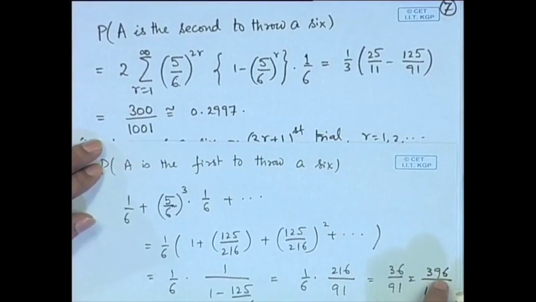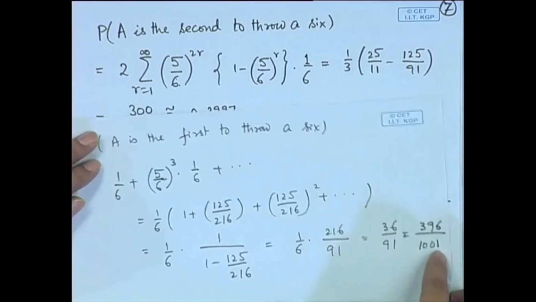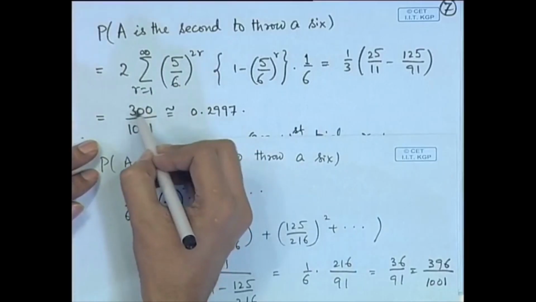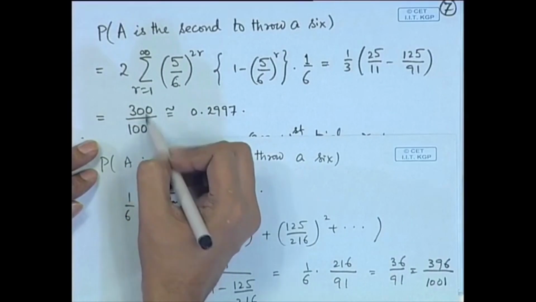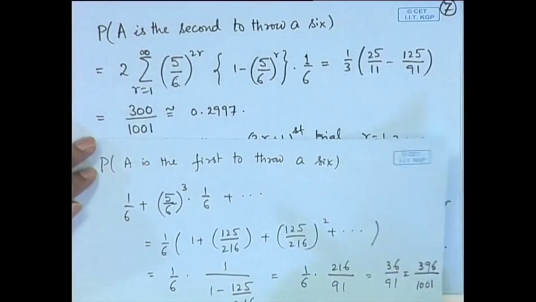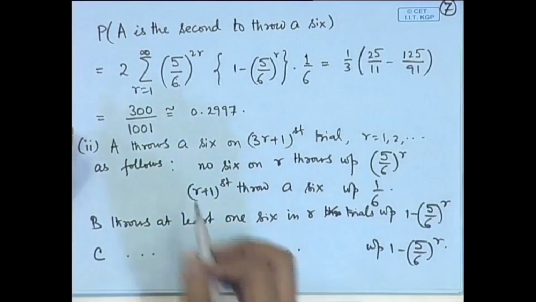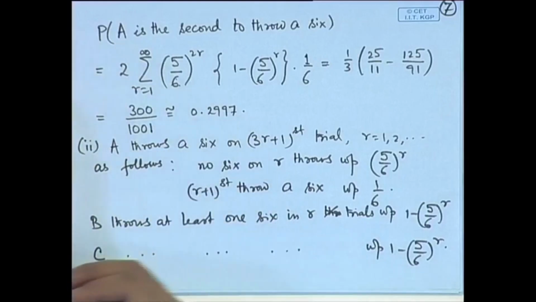Since A is the first player to get a chance for throwing, the probability that he will be the first to get a 6 is much higher, that is 396 by 1001, as compared to when A is the second, that is 300 by 1001. The probability is reduced.